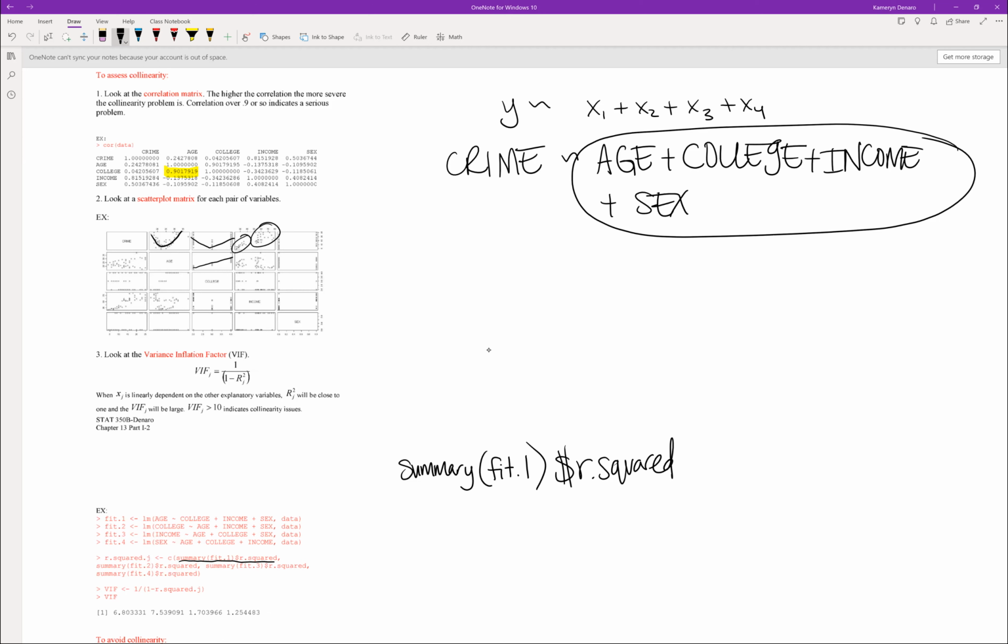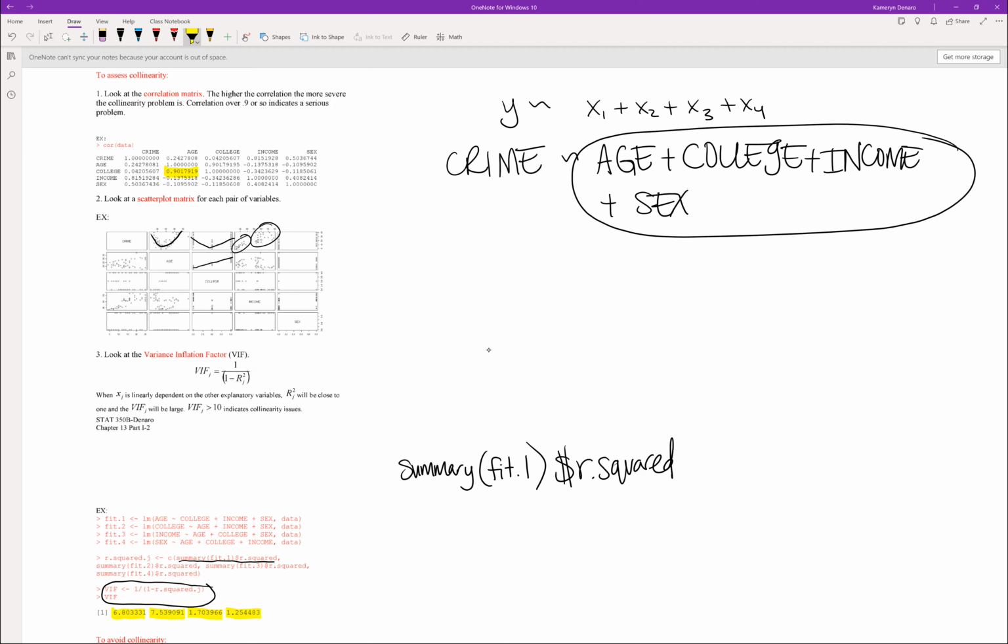To calculate the VIF, you just use the formula 1 over 1 minus R squared j, and then we can check all of these values. The rule of thumb is greater than 10. The VIF for age is 6.8, for college is 7.5, for income is 1.7, and for sex is 1.25.